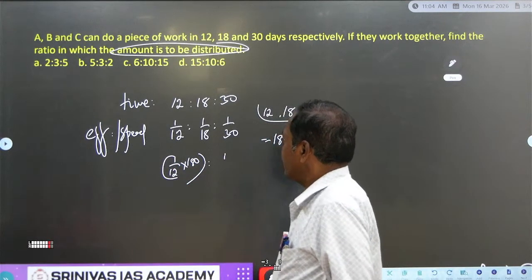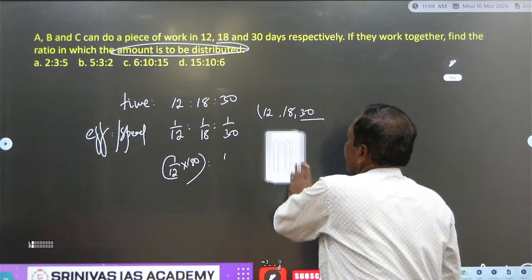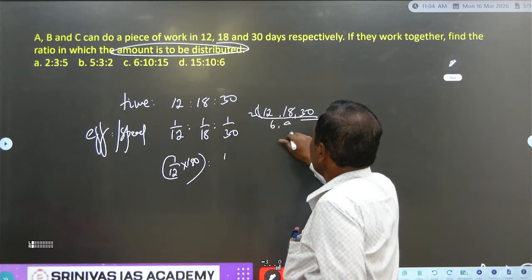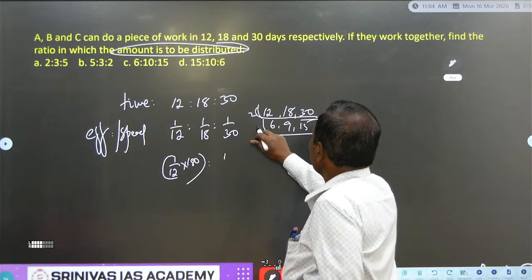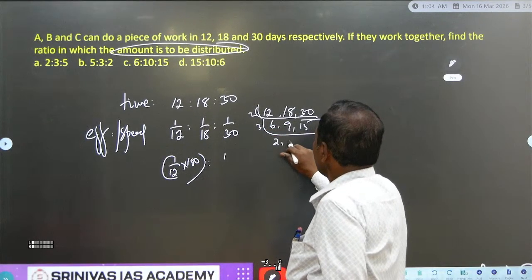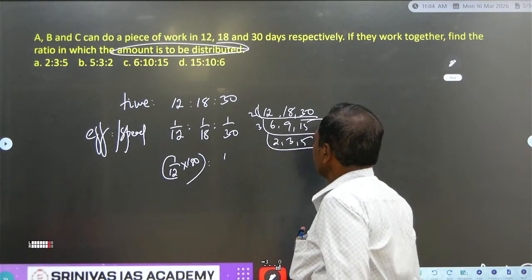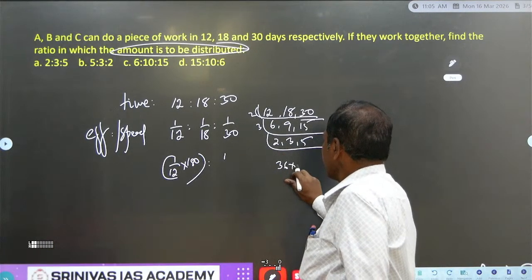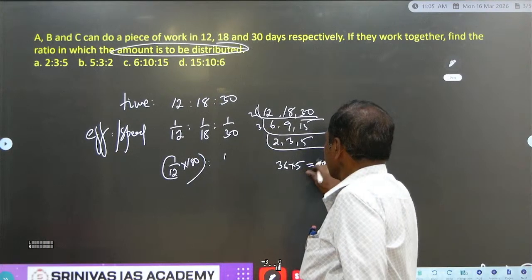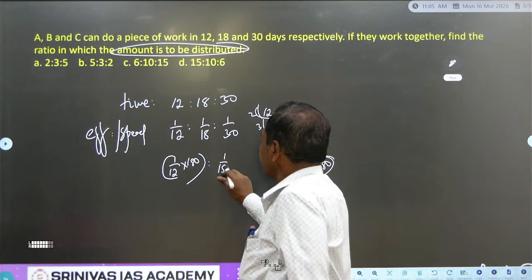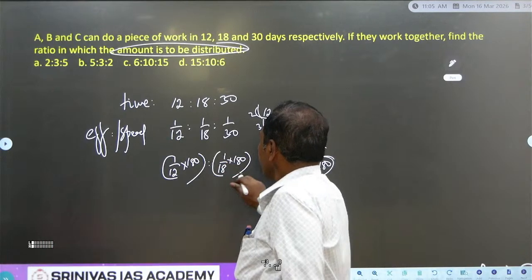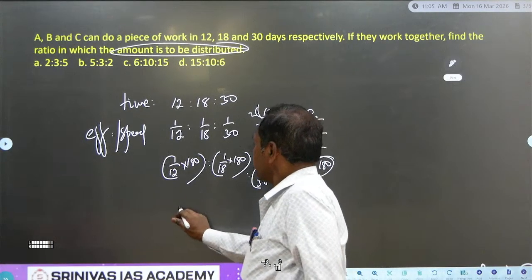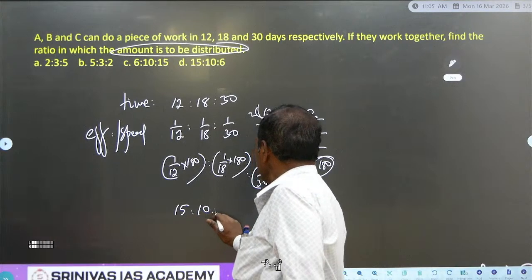Now 1 by 12 into 180 is 15. 1 by 18 into 180 is 10. 1 by 30 into 180 is 6.